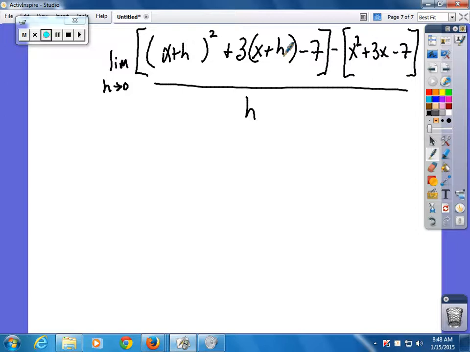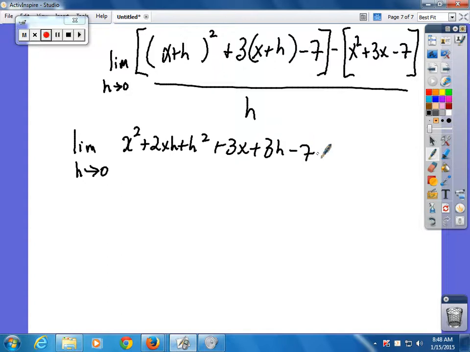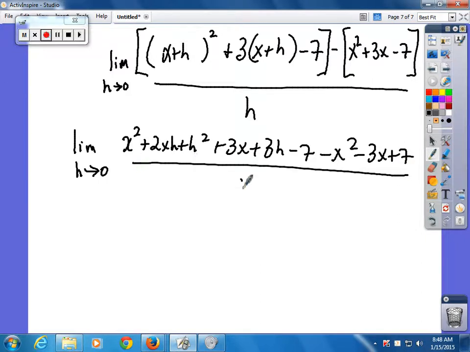And notice you're already seeing that you've got a lot of algebra. I'm doing this for a reason, believe it or not. Limit as h approaches 0 of x squared plus 2xh plus h squared plus 3x plus 3h minus 7 minus x squared minus 3x plus 7, all over h.